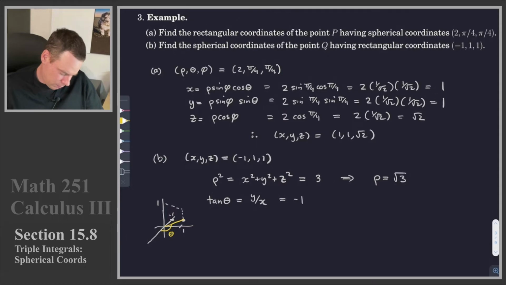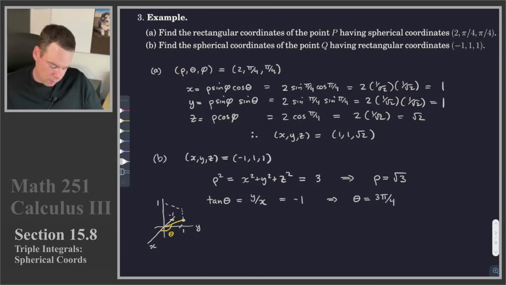So in terms of the plane, theta lives in quadrant 2 of that plane. And so we know then that theta has a reference angle of pi by 4, and it's actually a value of 3 pi by 4.